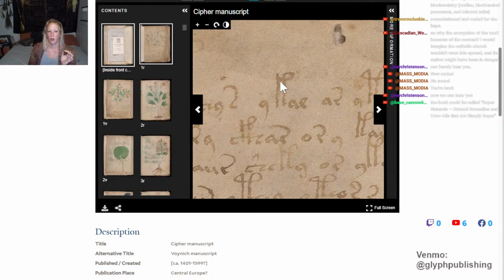In medieval Latin, a loop also can represent missing letters. So not only is this const, but this loop has a secondary function of representing missing letters in between here and here. So now this is constellarum. Constellarum.